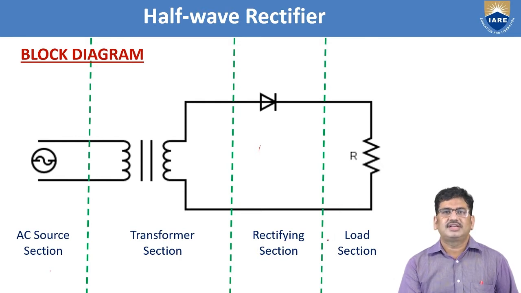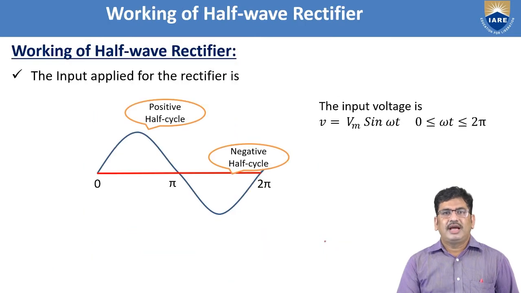The load section consists of a load resistor R. The input which we apply to the half-wave rectifier is a sinusoidal signal, given as V equals Vm sin omega t, where omega t takes values from 0 to 2 pi.